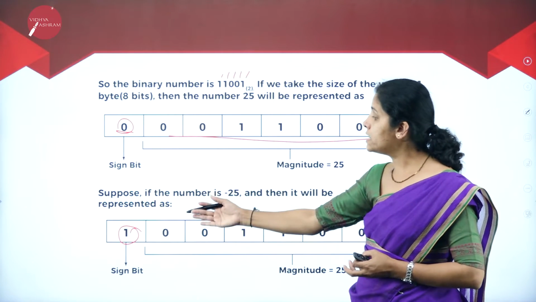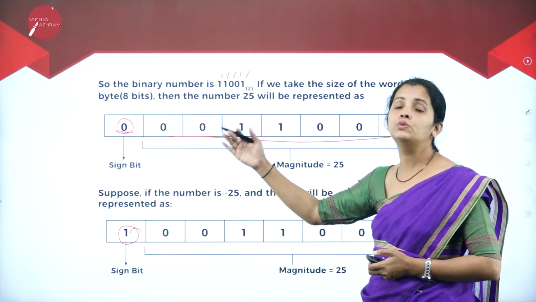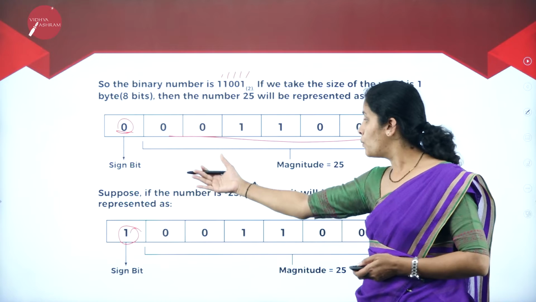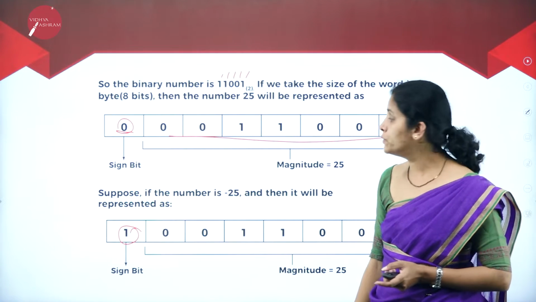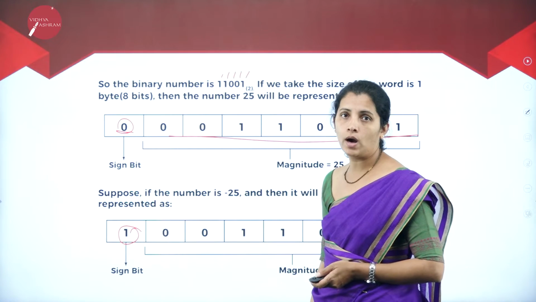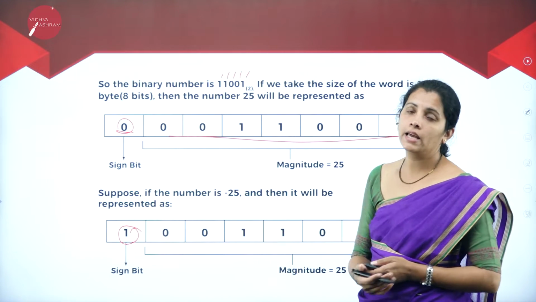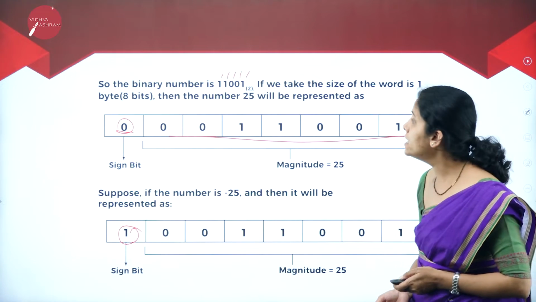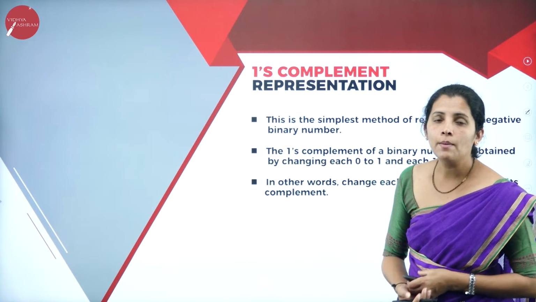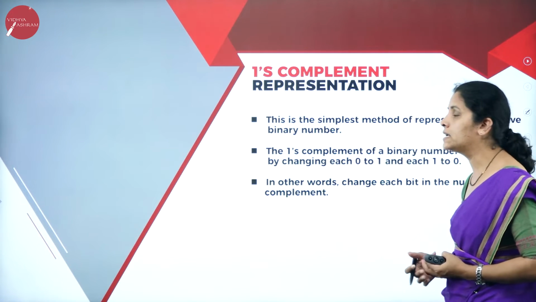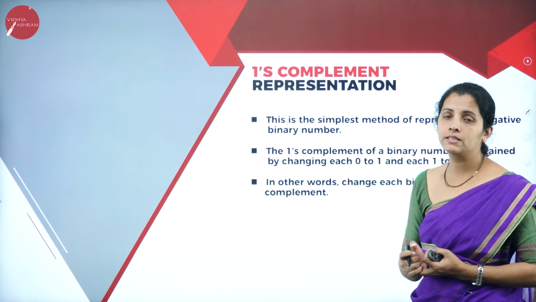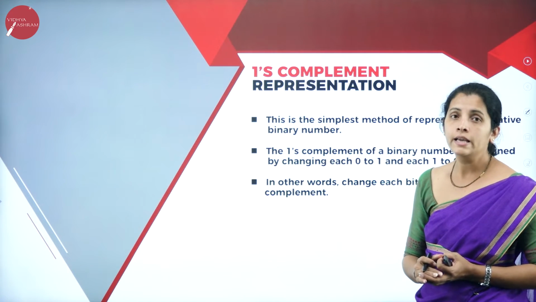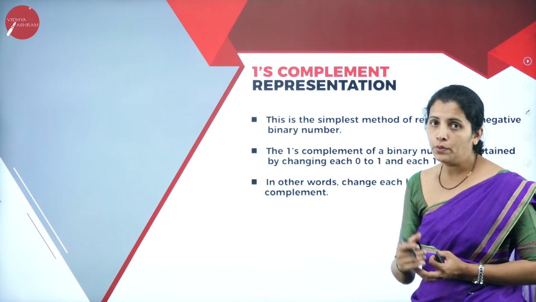Because it is my sign bit, mainly used to represent the sign. What kind of number is it? Negative. To represent a negative number, I use 1. So this is the way I can use sign and magnitude. Then I have ones complement representation. This is the way I can represent my negative number in the computer.